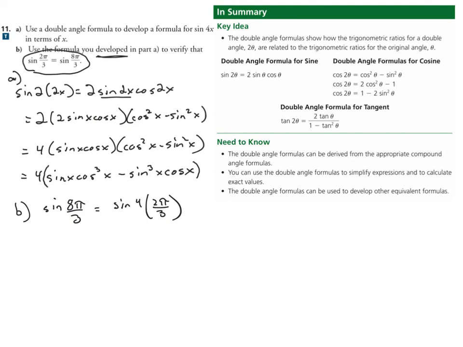And I just said that sine of 4x is going to be this thing right here.